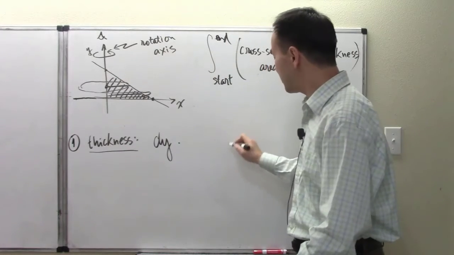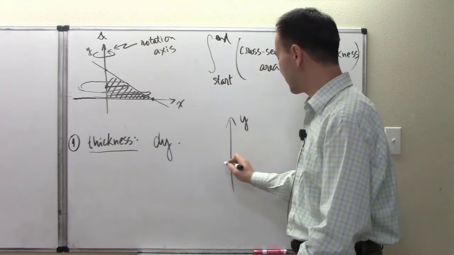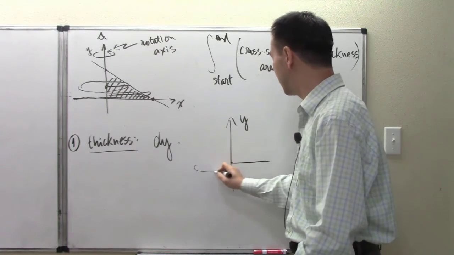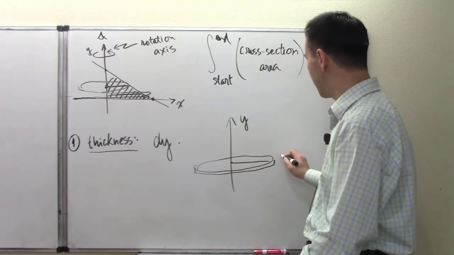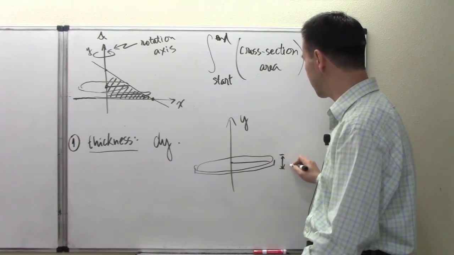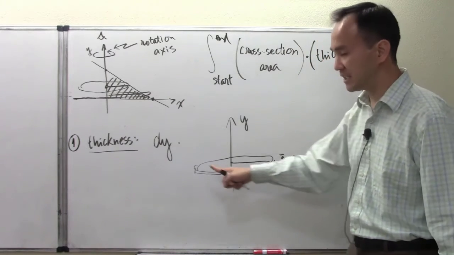Because for each disk, we place our rotation axis to align with the y-axis, and each disk comes out with a thickness being the infinitesimally small change in the y value, and that's why it's a dy differential.